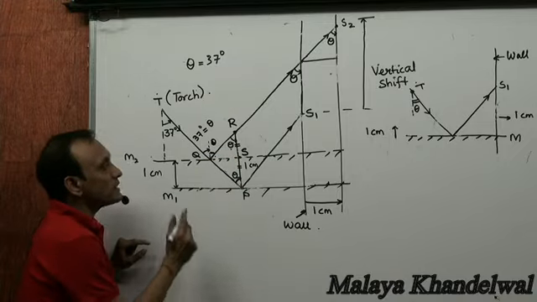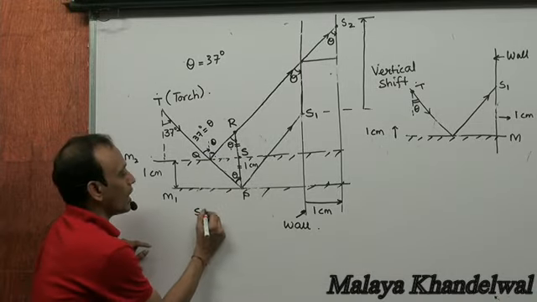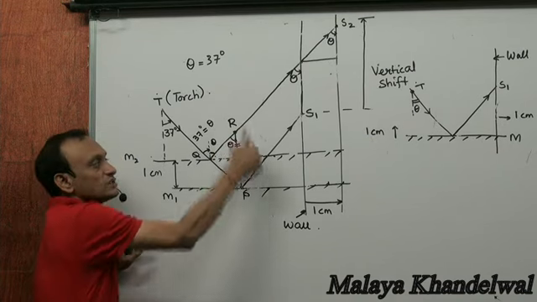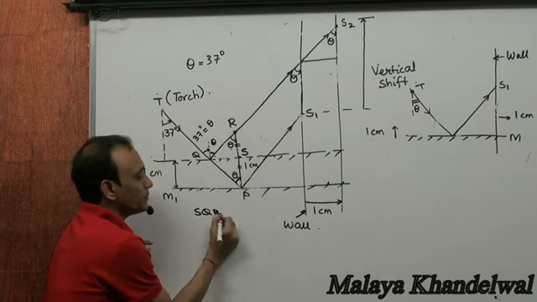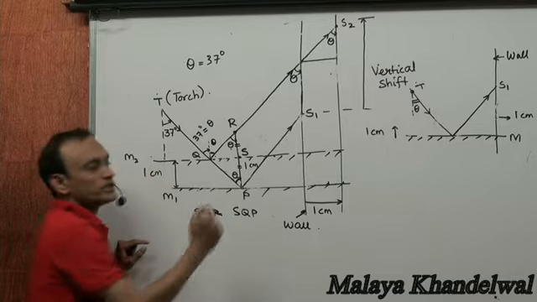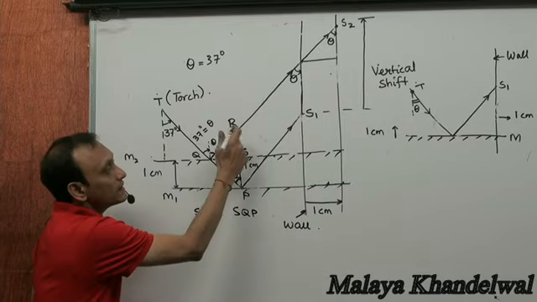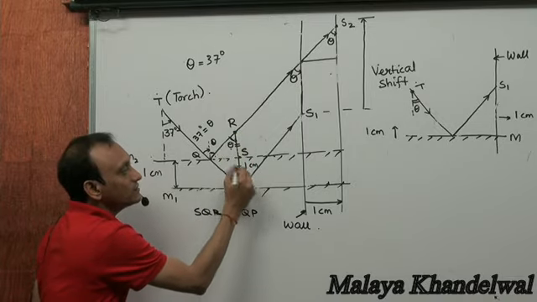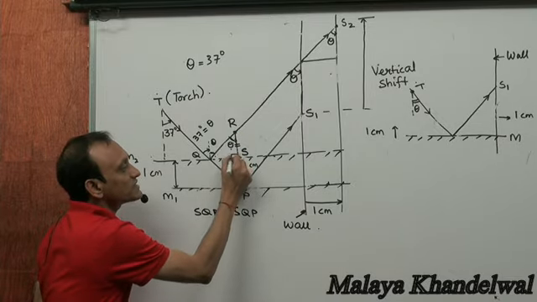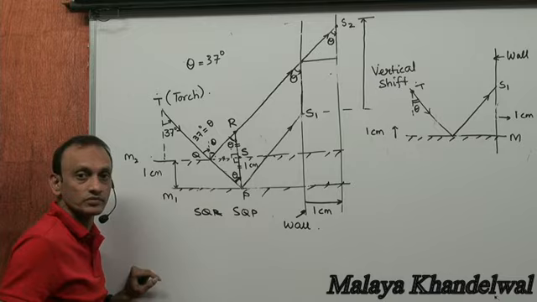And do you realize that triangle SQR and triangle SQP are congruent triangles? Why? Because this angle equals this angle. This is 90 degrees, this is 90 degrees, this is common to both, right?